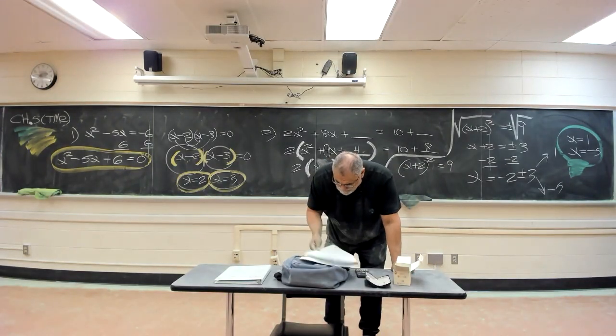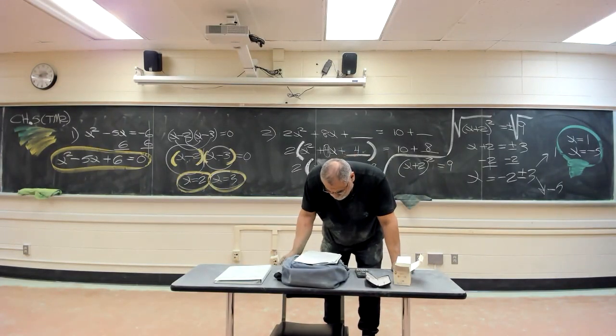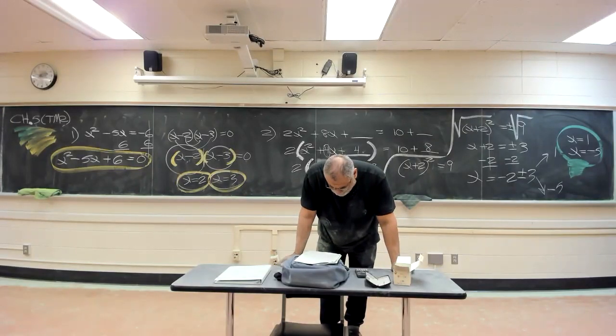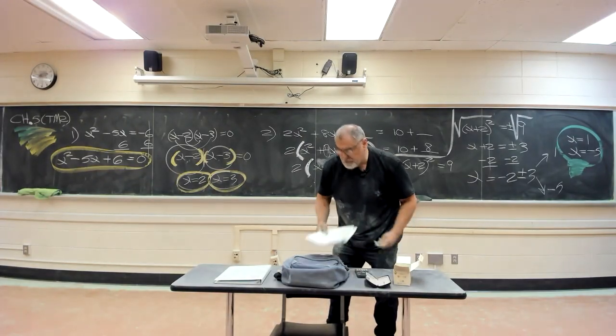For 3, find by the square root method. There's a number of ways here. There's the quadratic formula for number 4. Let's run through these.